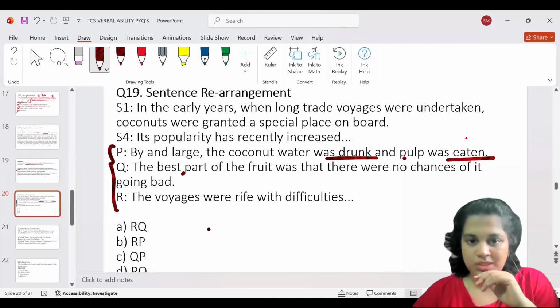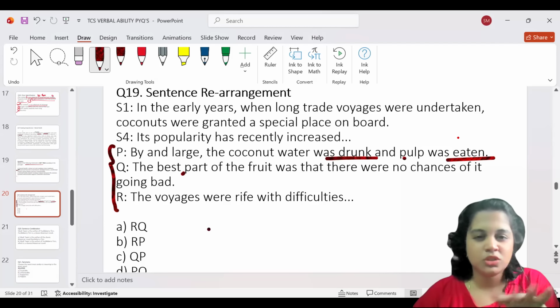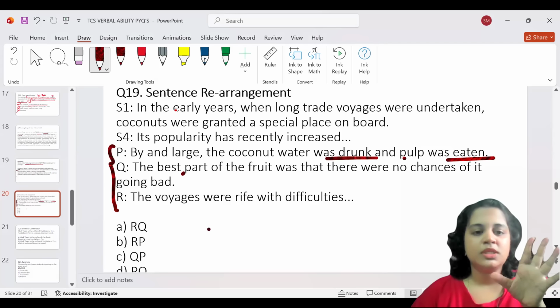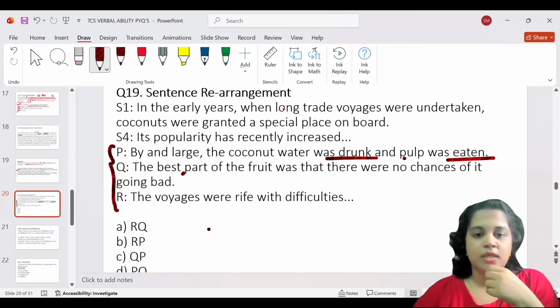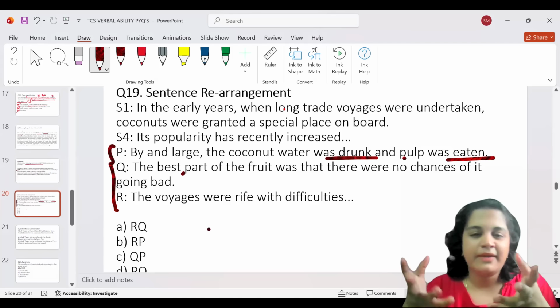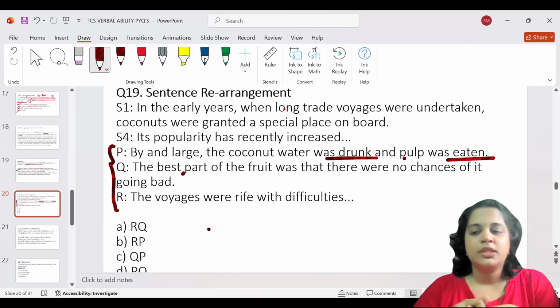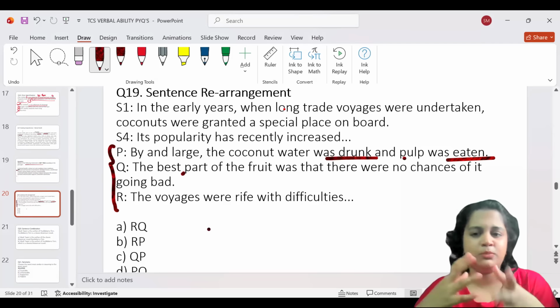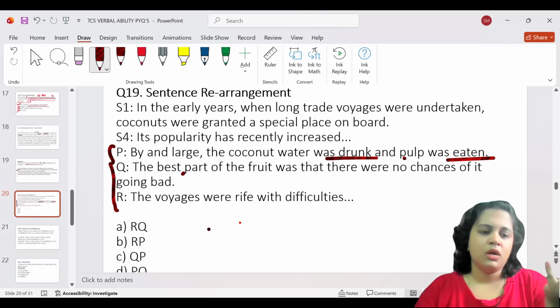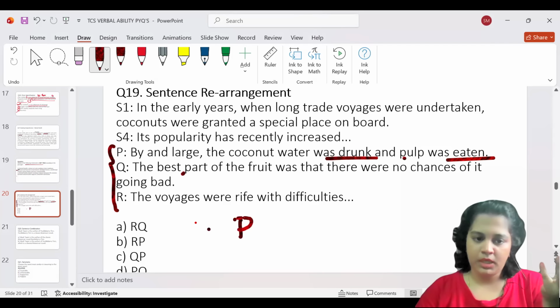This is the usage basically, so that feels like a logical connection. Coconuts were granted a special place on board. Why? Because coconut water was drunk and the pulp was also eaten. So I think it is P.